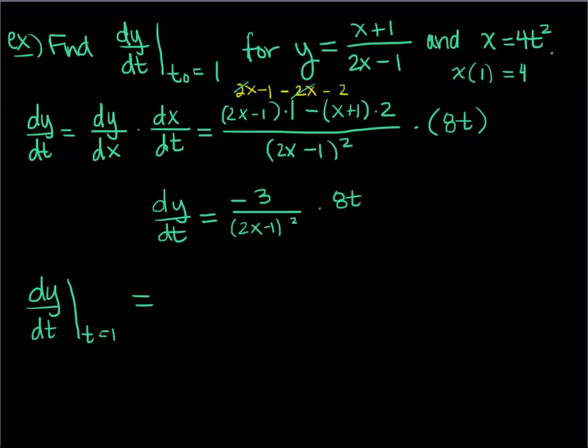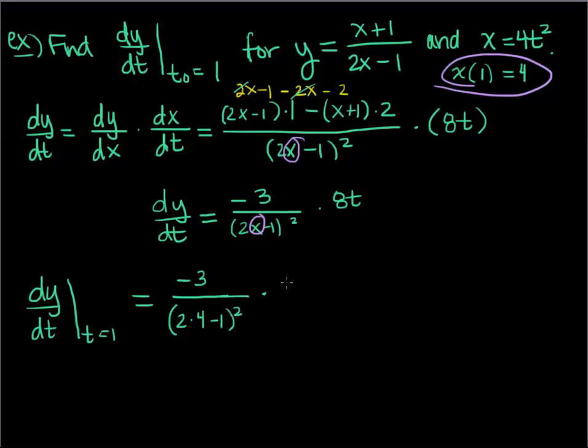So the reason I need that is because when t is 1, this is going to replace this x down here. So when t is 1, what is x? x is 4. So on the bottom here, I would have (2 times 4 minus 1) squared. And then obviously when t is 1, t is 1. So that would be just 8 times 1. And so what do we get? We get negative 3 all over, this is 49, I think, times 8.